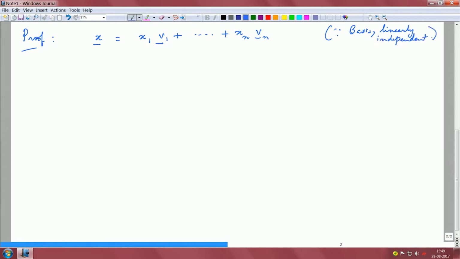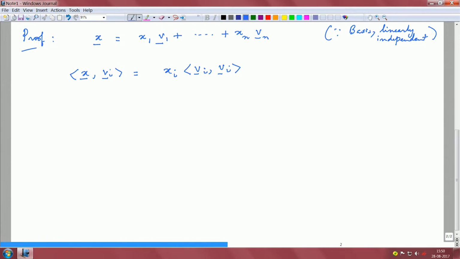Now, the trick is just to take this vector x and look at its inner product with each of these vi. So, x with vi is basically xi times the inner product of vi with vi, because vi with vj will just vanish because of orthogonality.